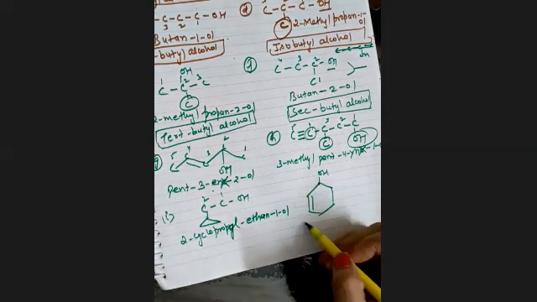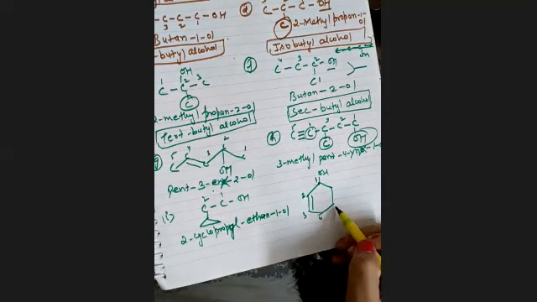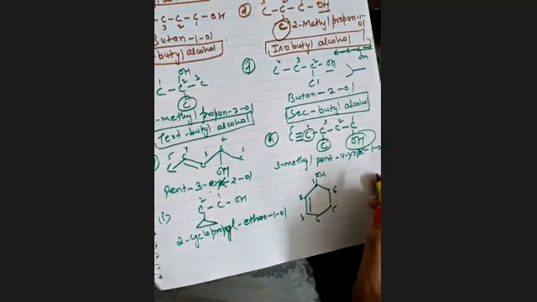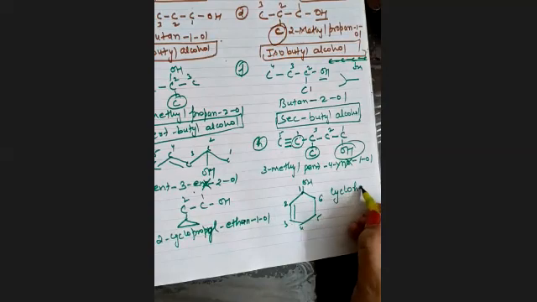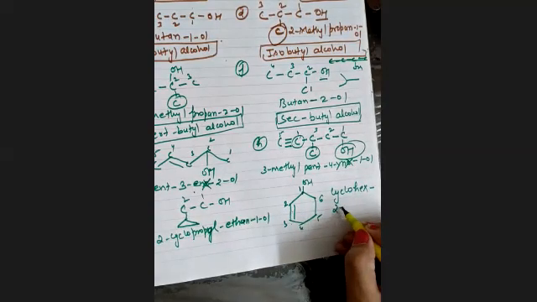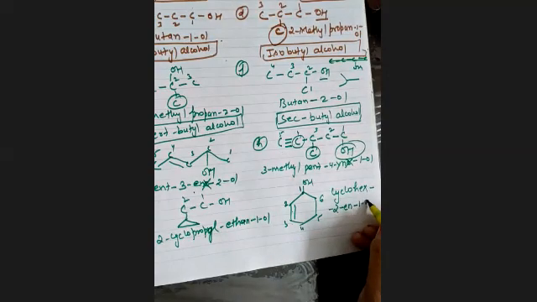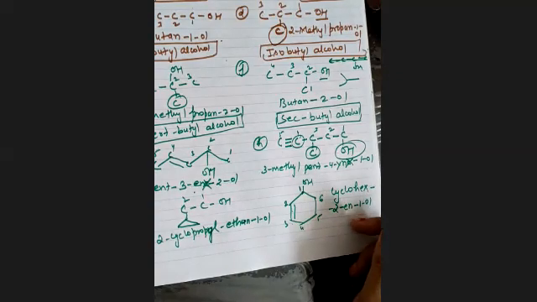If we go from this side, this OH group is near, so this double bond is near. 1, 2, 3, 4, 5, 6. So the nomenclature will be cyclohex. On the second carbon we have ene. Cyclohex-2-en-1-ol. Clear? This will be your nomenclature. Is this clear?